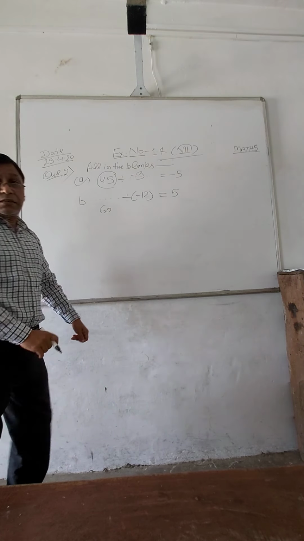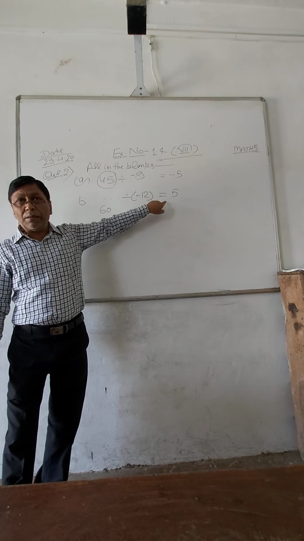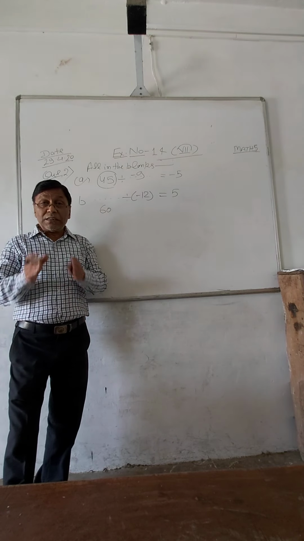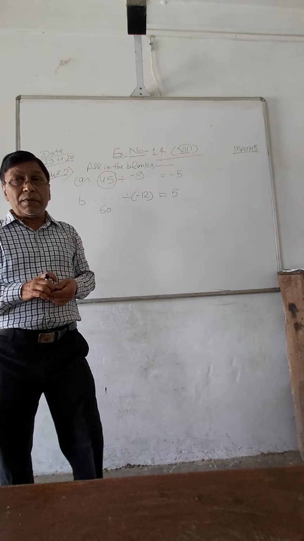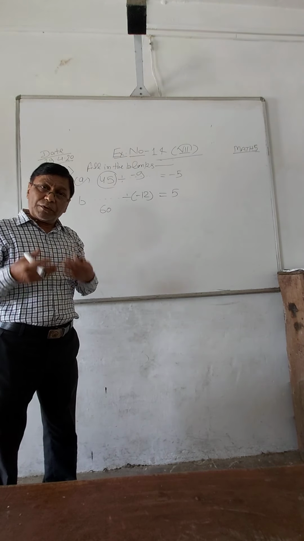Now again just see, here it is coming as a positive number. So this number is positive. So positive comes when? Positive will come when both numbers have the same sign. Same sign, positive.